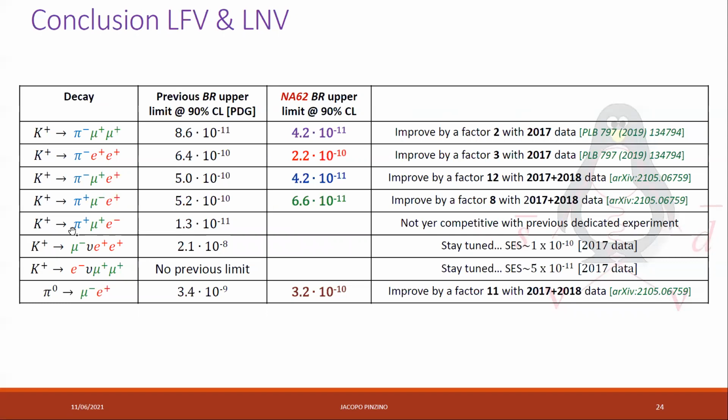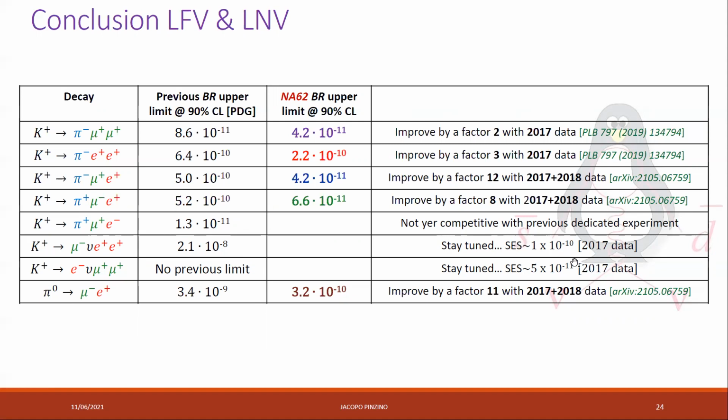For the π+ μ+ e−, we are not yet competitive with previous dedicated experiments. Instead, the preliminary analysis of the μ− and two positrons and e− and two positive muons seems to be interesting.